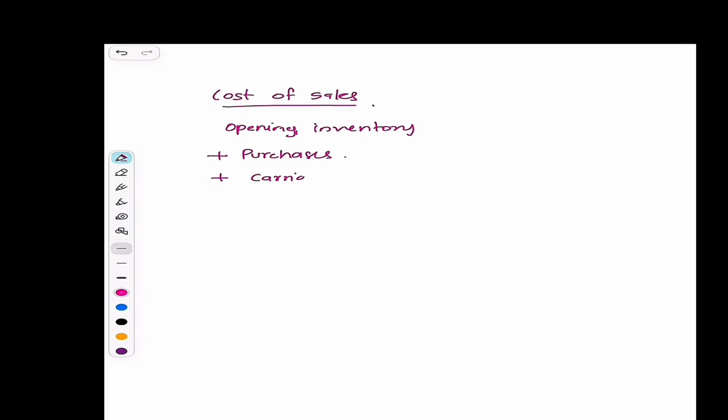So remember, cost of sales, you have opening inventory, add purchases, add carriage inwards, less purchase returns, less goods drawings, only goods drawings, and then less closing inventory.